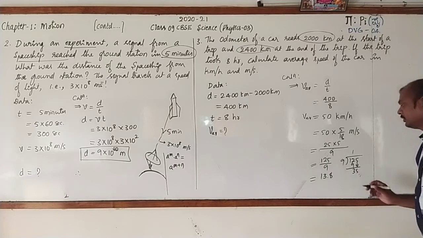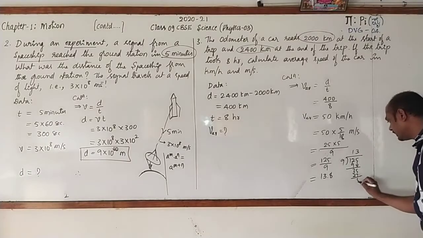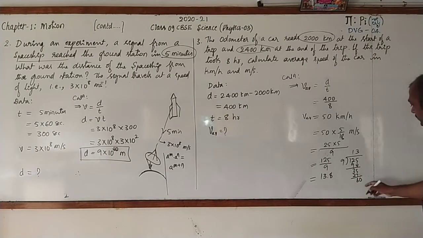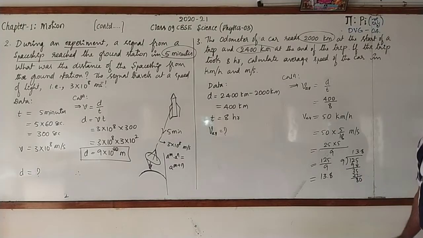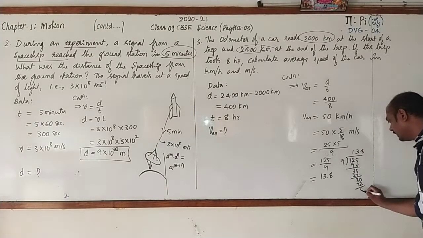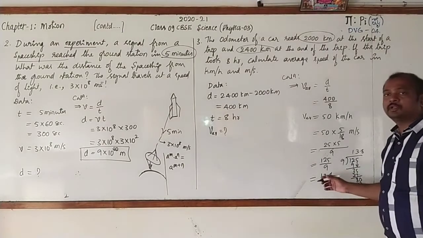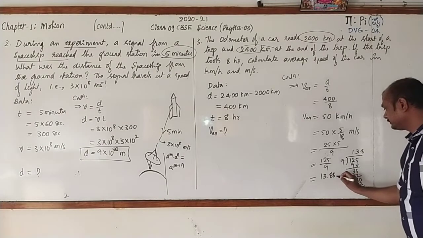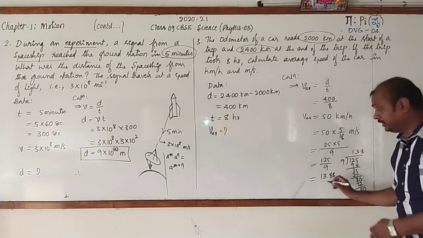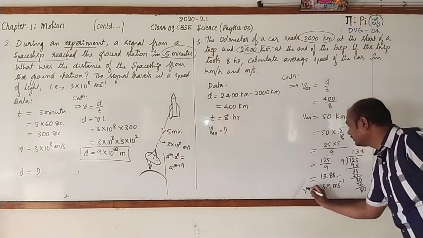Then carry down 5, 35. 9 threes are 27. You will get 8. It becomes 80 after putting the decimal. 9 eights are 72. Then 8 will remain. Again 0, 80, 8 8 8 will come. Approximately you can write 13.9. It is equal to 13.9 meter per second.